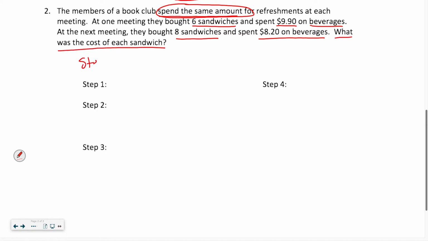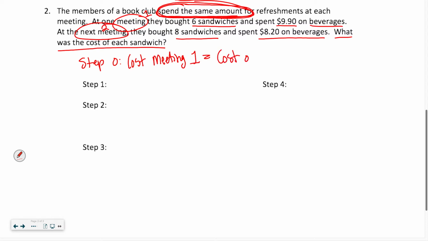Okay, so again, if you're going to set up your step 0, I'm going to say, all right, the same amount. Well, that means maybe I'll call this meeting 1, and I'll call the second one meeting 2. But basically that means the cost of meeting 1 equals the cost of meeting 2.